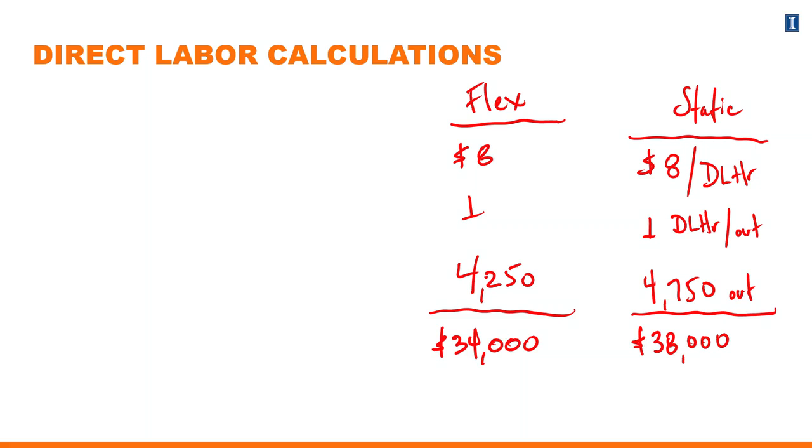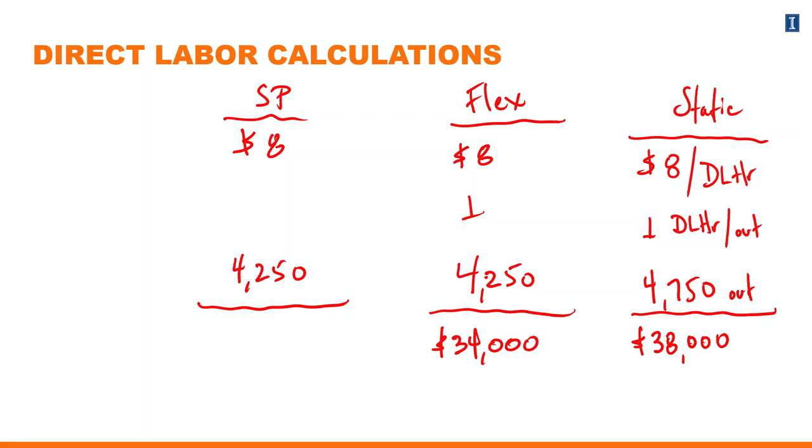Moving to the standard price column, we're going to keep the price the same. We're going to keep the output, which has been converted moving from right to left to the actual output, the same. But we're going to think about how many hours, direct labor hours, we actually used to produce what we did.